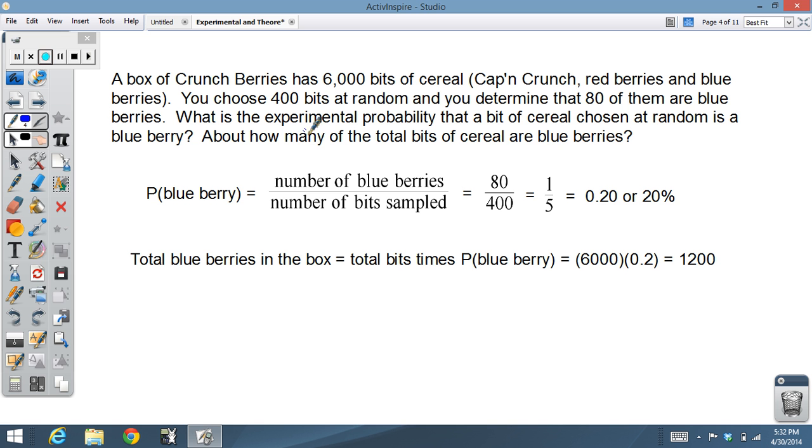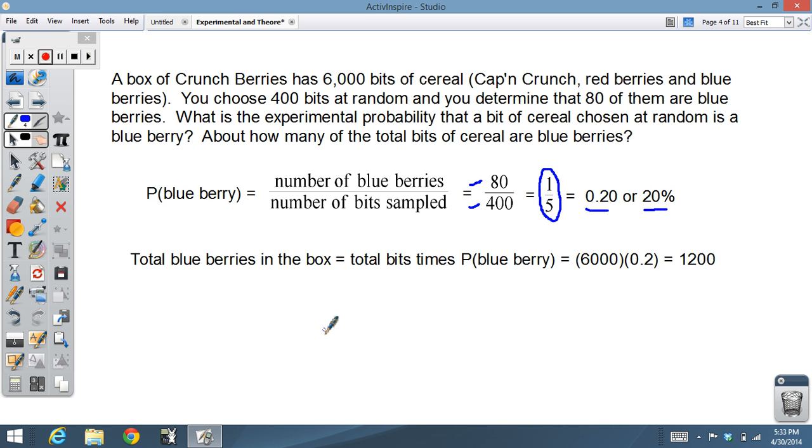So what's the experimental probability that one of these bits chosen at random would be a blueberry? Well, we take the number of blueberries out of our sample set, divide it by the total that we checked, and we find out that's 80 over 400, a reduced fraction of 1 out of 5, which we can also write as 0.20 or 20%.